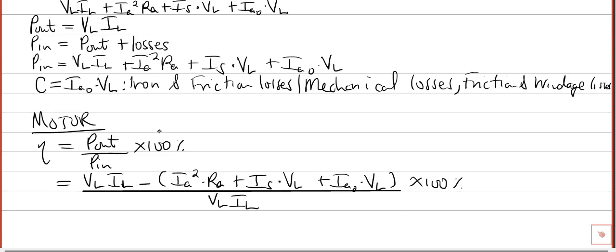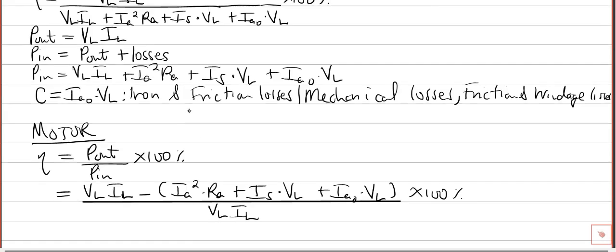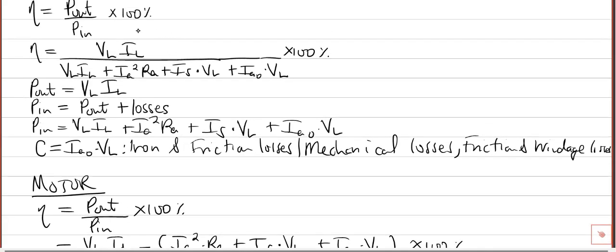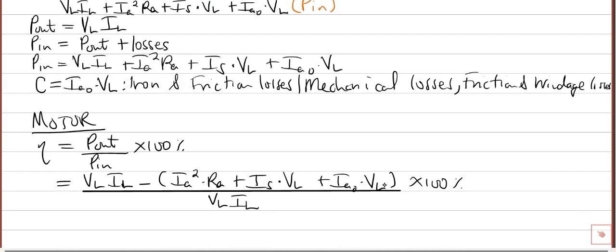In the same principle which we applied for a generator, where we said everything at the top of the equation represents P out and everything at the bottom represents P in, the same applies here.